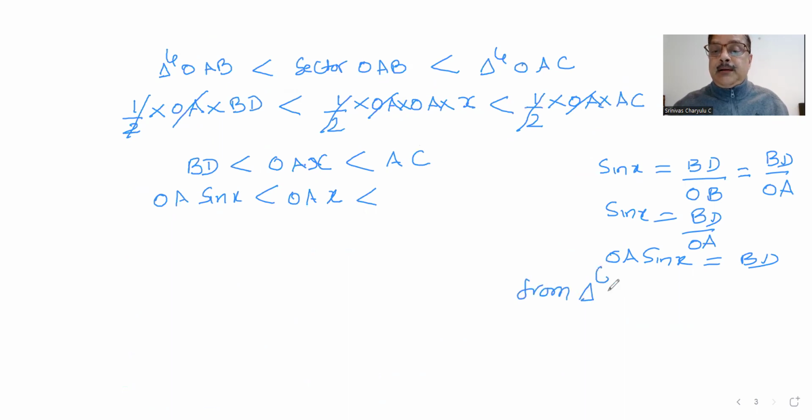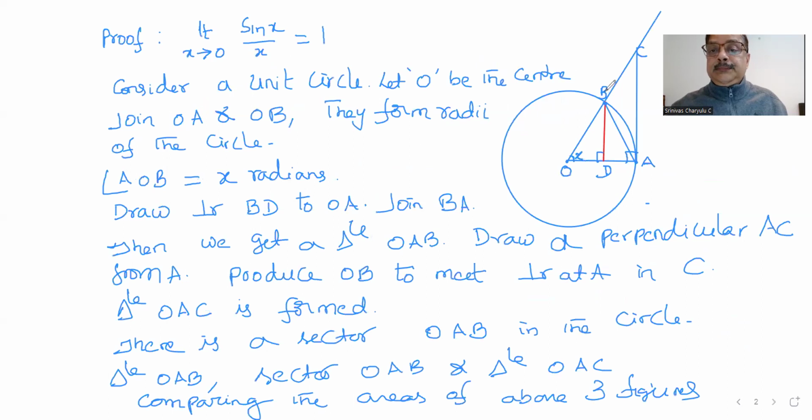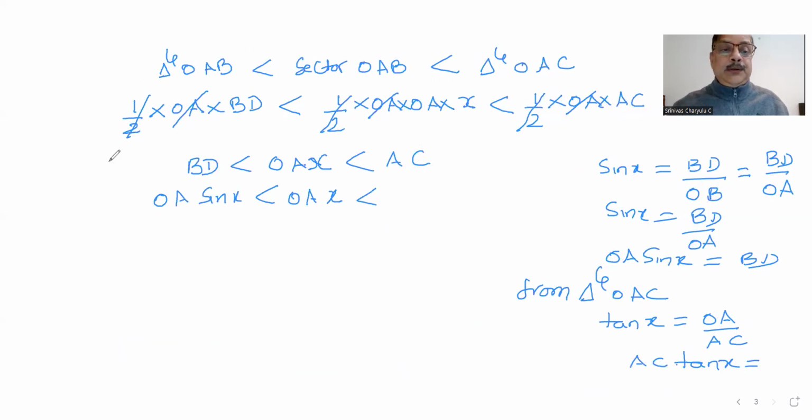From triangle OAC, tan X is equal to AC by OA, not OA by AC, sorry.